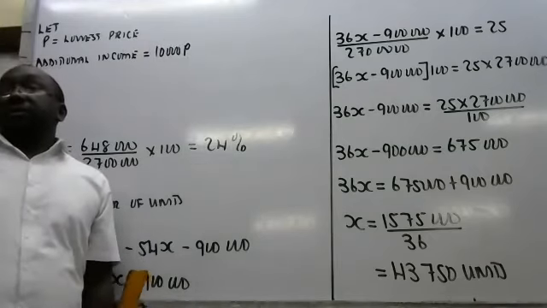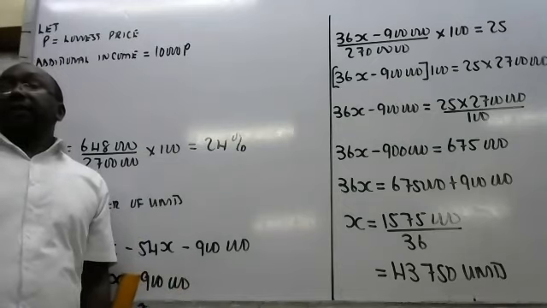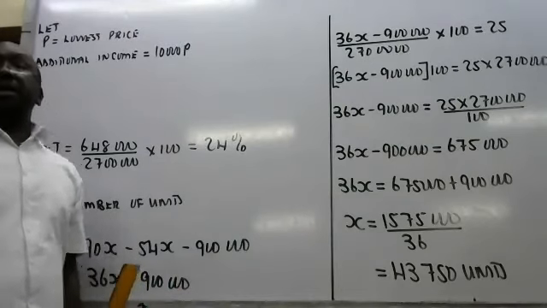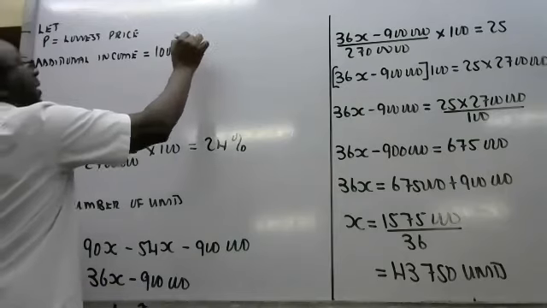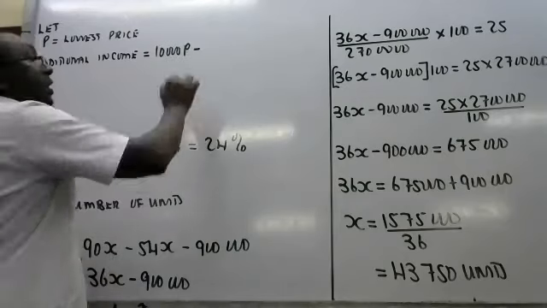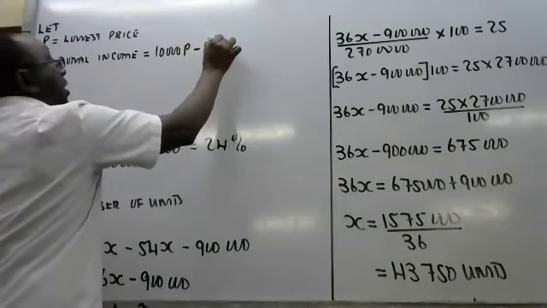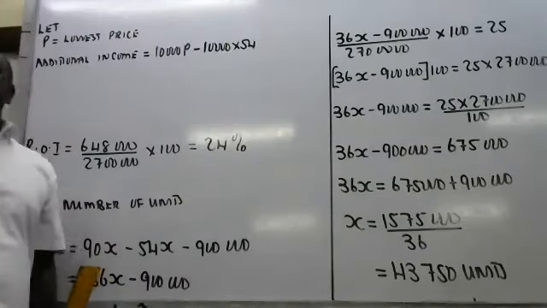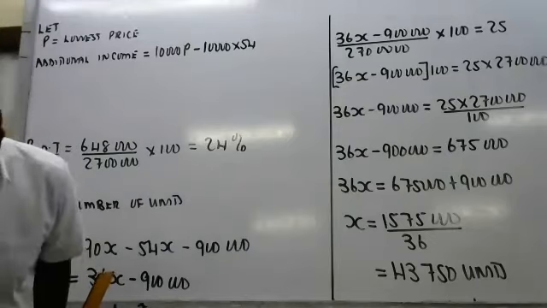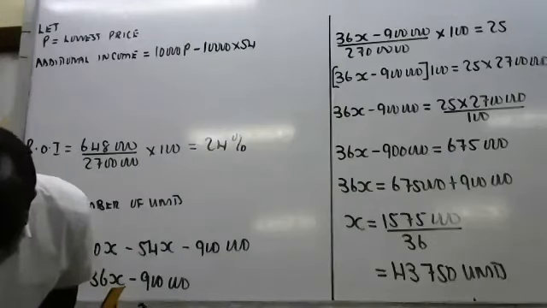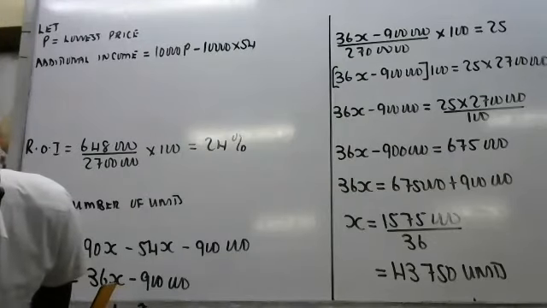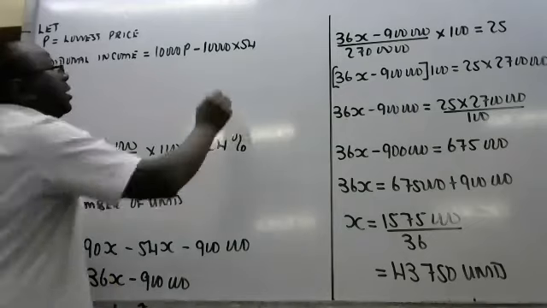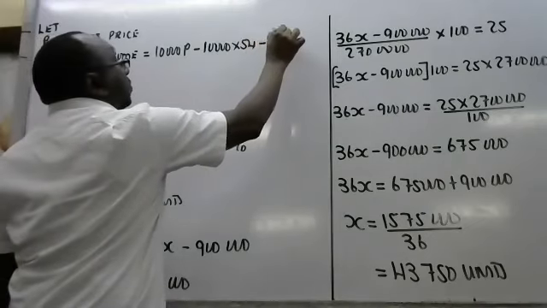The revenue will be 10,000 P minus these 10,000 units. Each one of them will incur a cost of what? 54. And after, we are told they will also incur an additional fixed cost of what? 90,000.